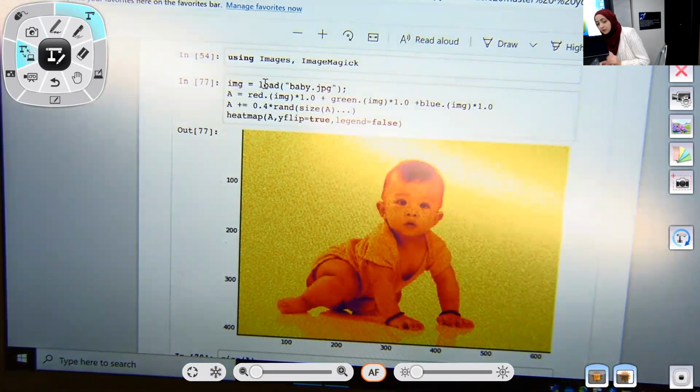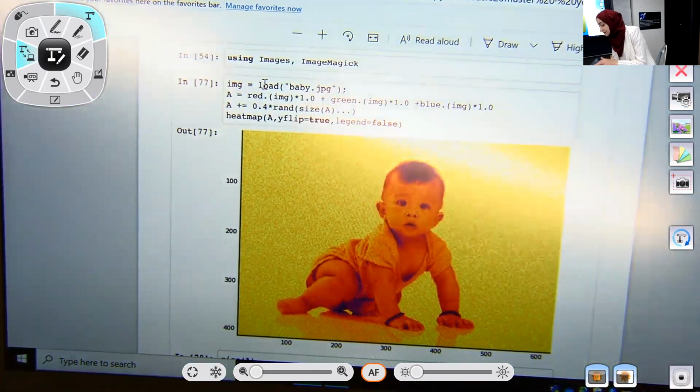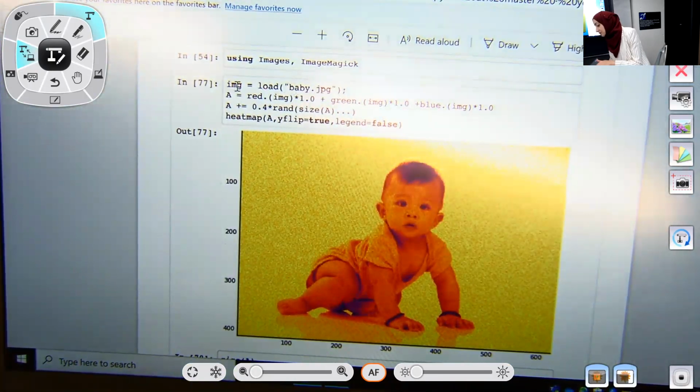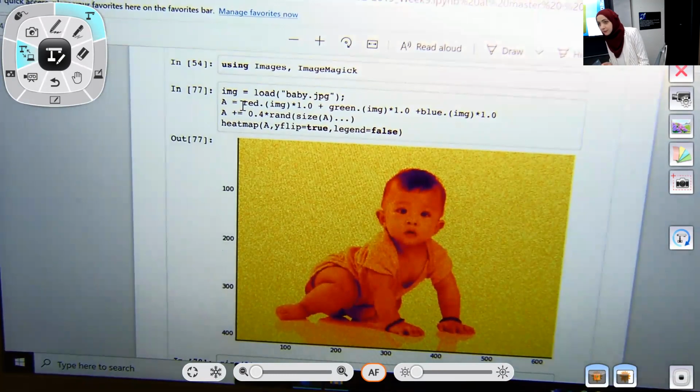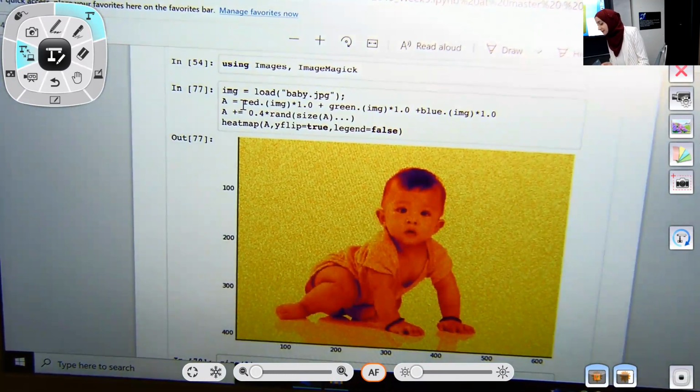Then you need to load your photo. Be sure that you write the correct name and put it in quotation marks. So you call a function here, image, and this is equal to your image. You need to load your image. Then we define a matrix A. You can find more about how to define this matrix in Julia book section 1.13.